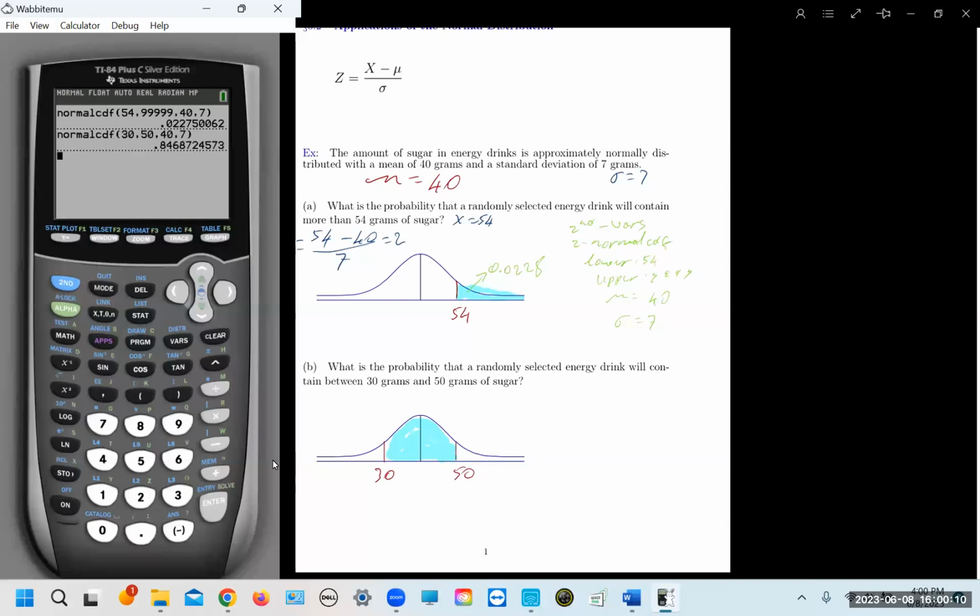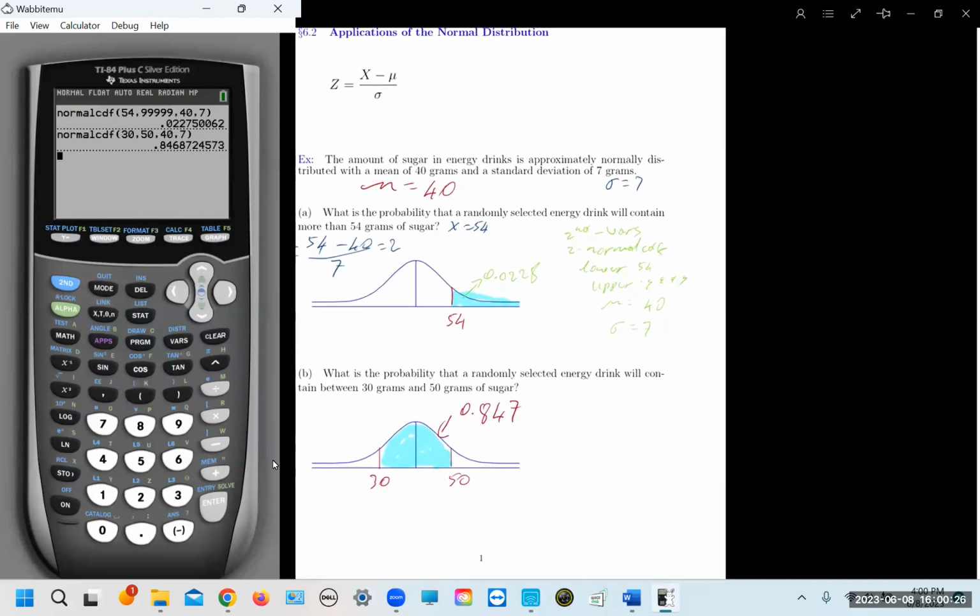So this area right here is about 0.847. And we can apply the z's in there. So z equal 50 minus 40 over 7. So this one is 10 over 7, approximately 1.43.